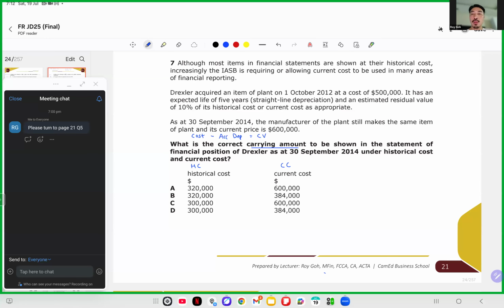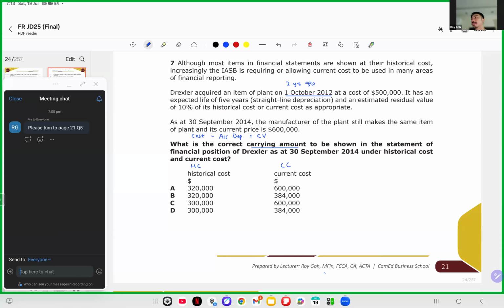Your year end is now at September 2014. On October 2012, you bought an asset. This asset is known as the historical cost. So this is what we call 2 years ago. What is it for?